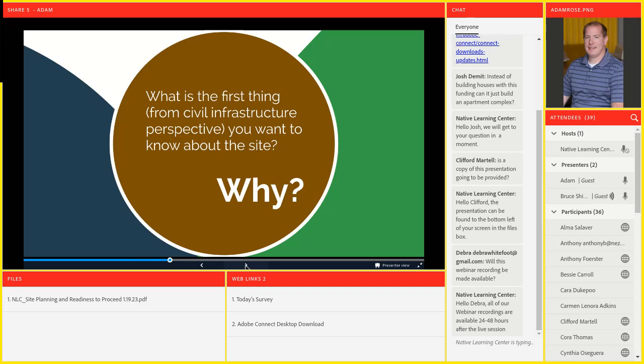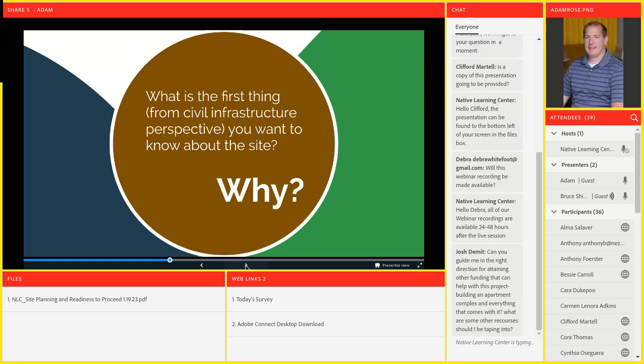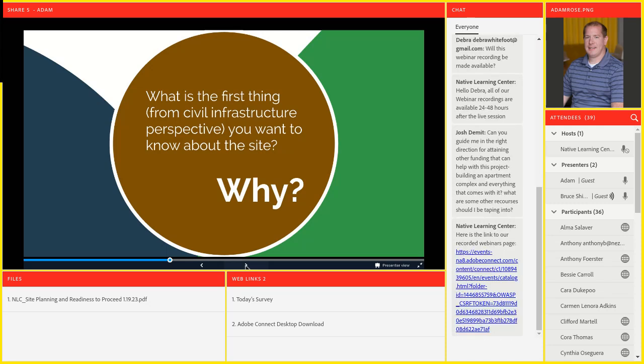Most tribal communities aren't experienced developers, so to be able to have that experience in your house really helps, because if a tribe has to hire a developer to work with them, and then they hire an architect who may or may not be familiar with the idiosyncrasies of low-income housing tax credits, and then if they have to hire a financial consultant to work with them on the tax credit application, there's a time lag, and then there's potential for information to fall through the cracks, and it makes the project less nimble.